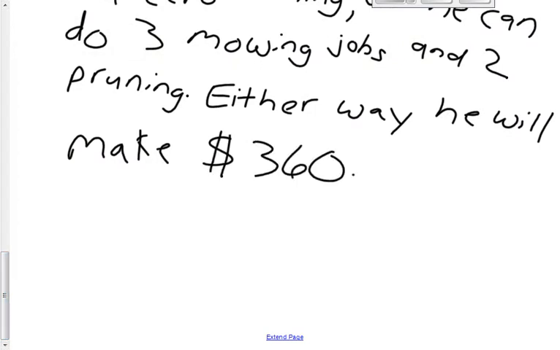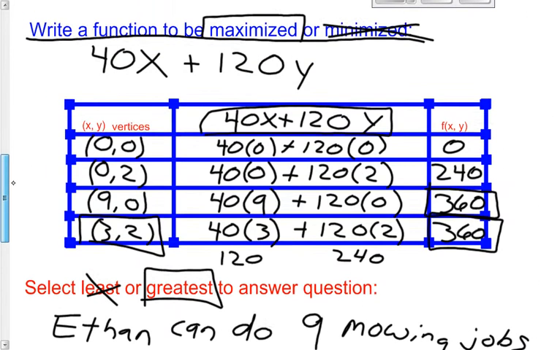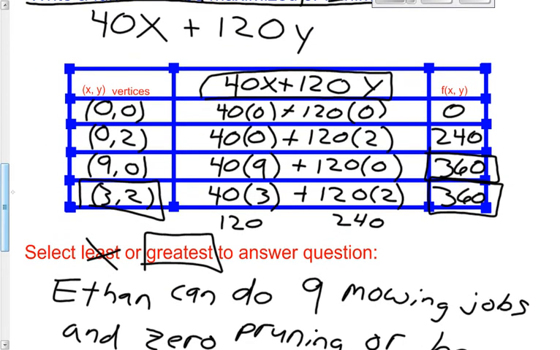So this is another one that Ethan can look at. Maybe it doesn't take as many people to do the mowing as it does compared to the pruning. In that case, he would want to do all mowing jobs and then no pruning jobs. However, maybe he thinks that pruning is easier than mowing. This is only 5 jobs, where this is a total of 9 jobs.